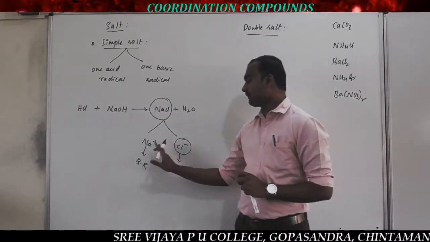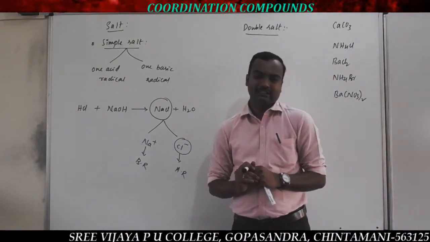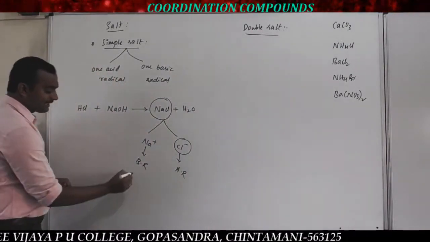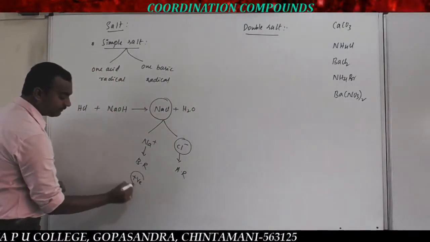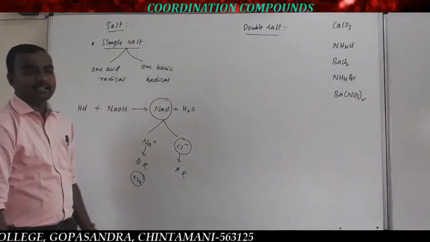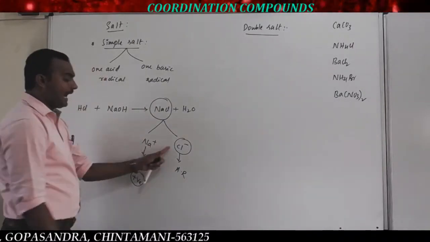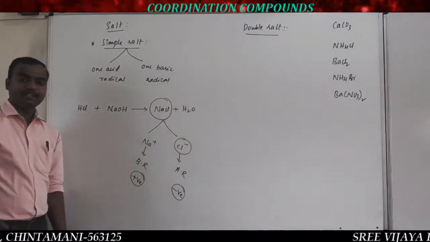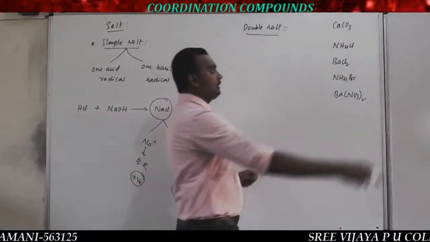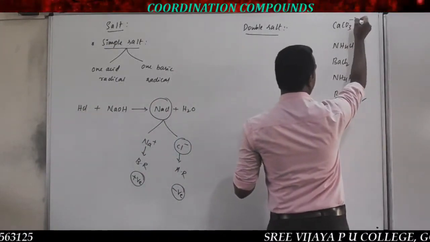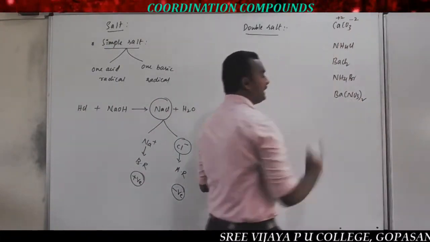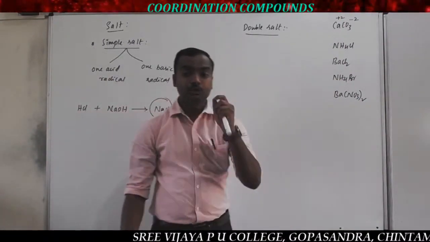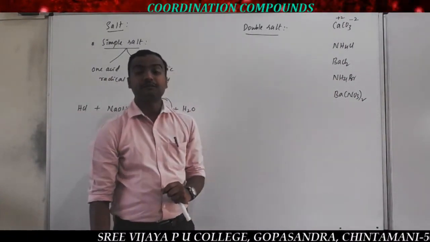Why are sodium and chloride ions called radicals? Usually, basic radicals are cations, that is, they have a positive charge, and acid radicals have a negative charge. In calcium carbonate, carbonate is -2 and calcium has the charge +2. Here Ca2+ is taken as the basic radical, and CO3 2-, carbonate, is the acid radical.